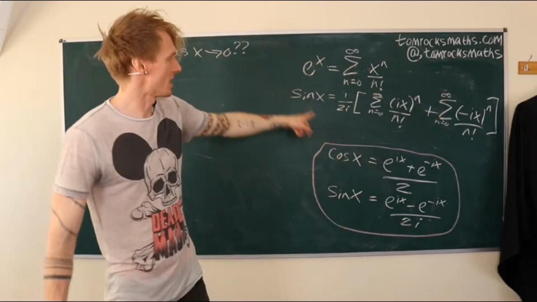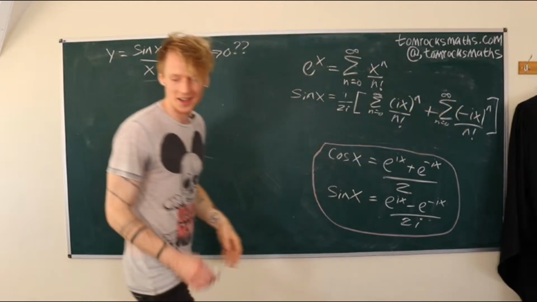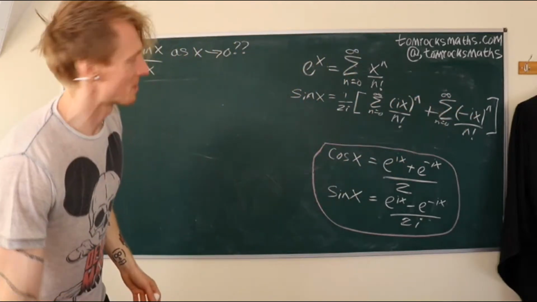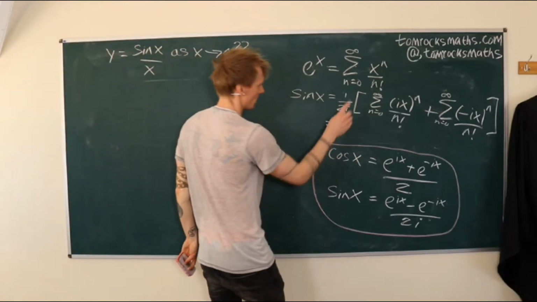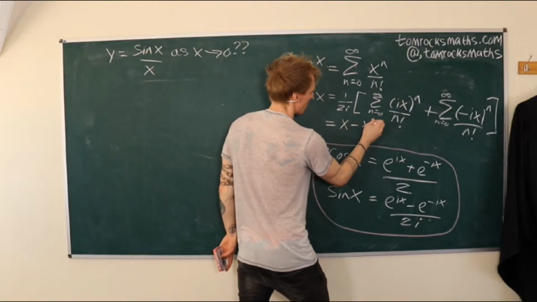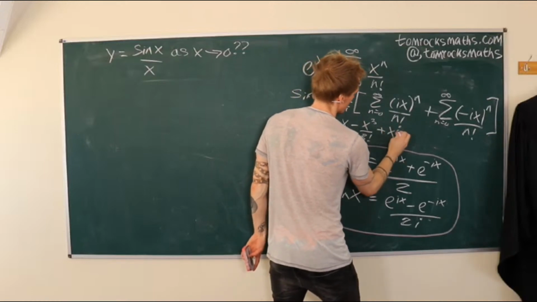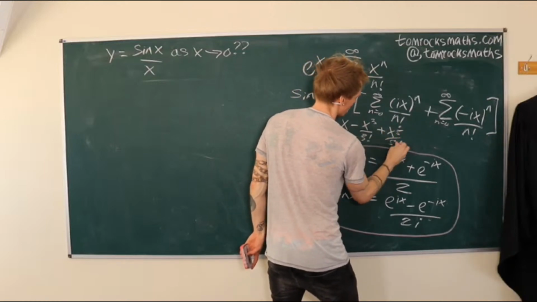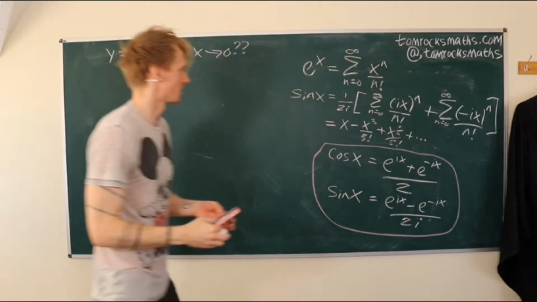And when you multiply out these terms and add them together, the magic happens. Because most of them cancel, and the whole thing turns into x minus x cubed over 3 factorial plus x to the 5 over 5 factorial plus dot, dot, dot, forever.